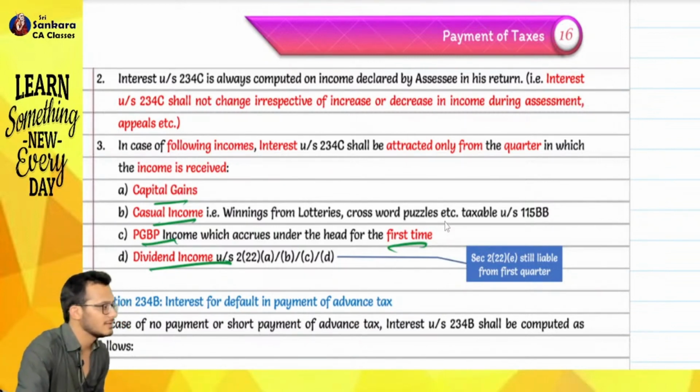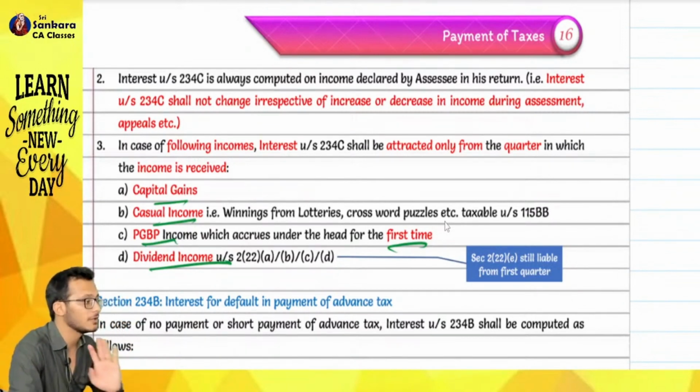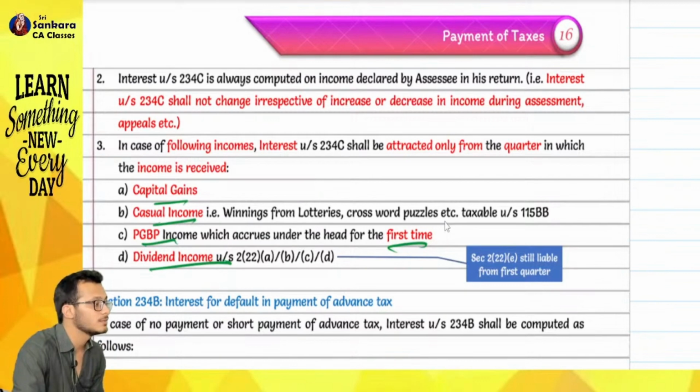What is the last thing called? SAT, self-assessment tax. The provision says, boss, if you forgot to pay your advance tax and you still have a tax liability after March 31st, do one thing: pay the tax in the form of self-assessment tax. What is the pending amount to be paid?